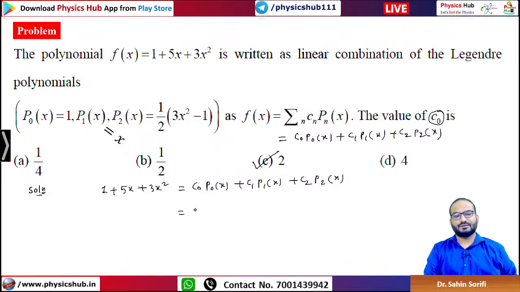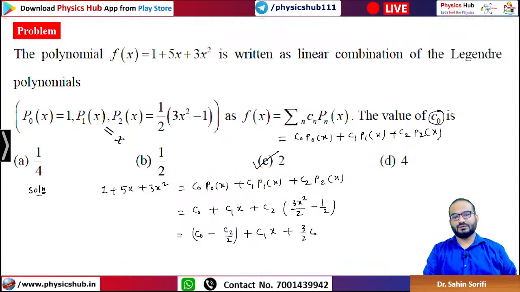So c0 p0x is 1. Let's gather this: c0 minus c2 by 2 plus c1 x plus 3 by 2 c2 x square.